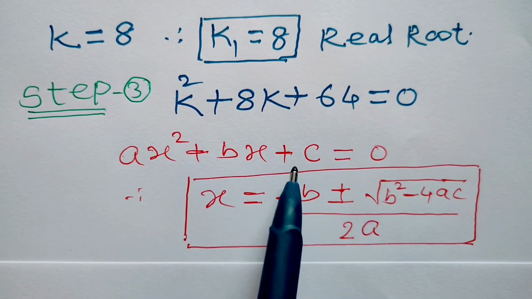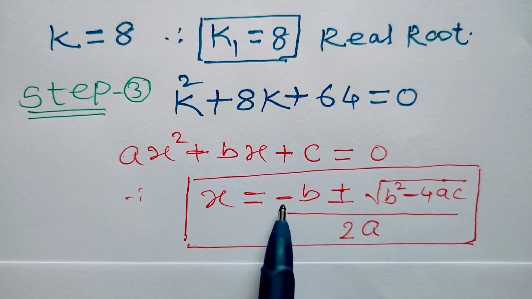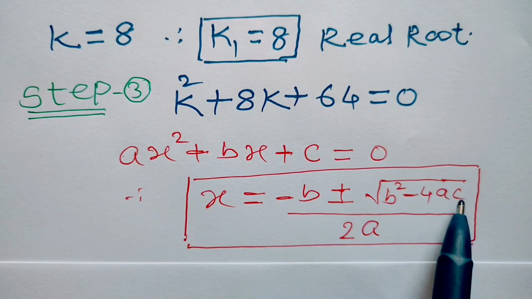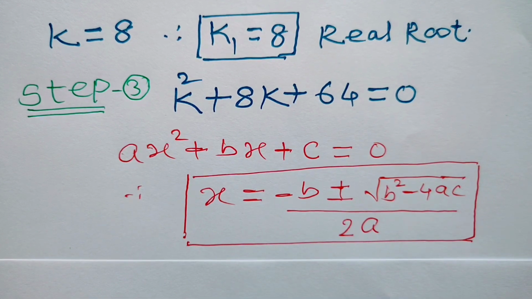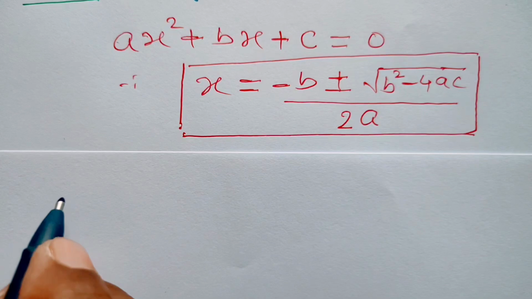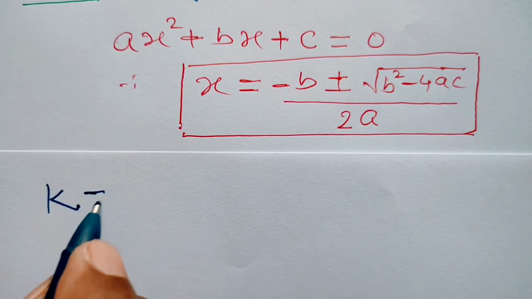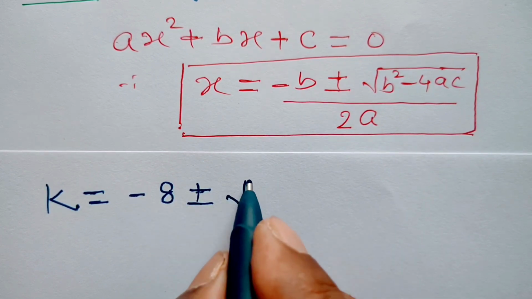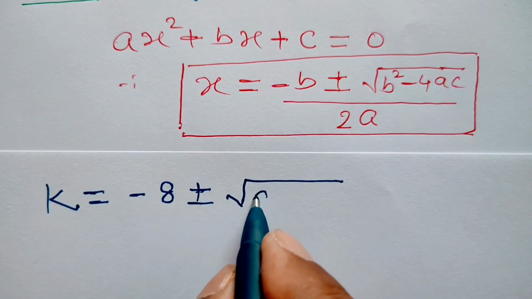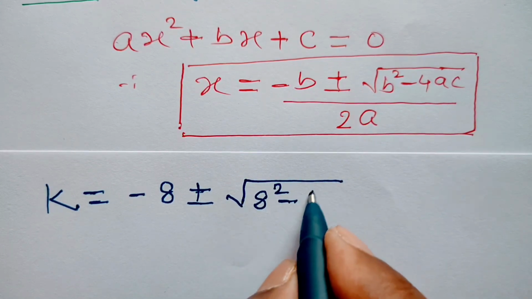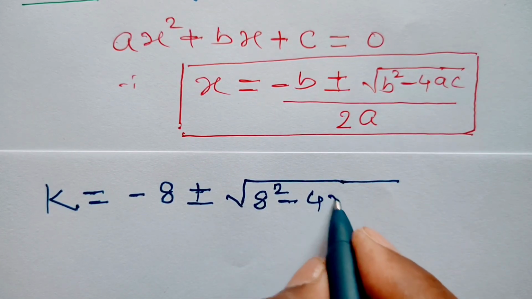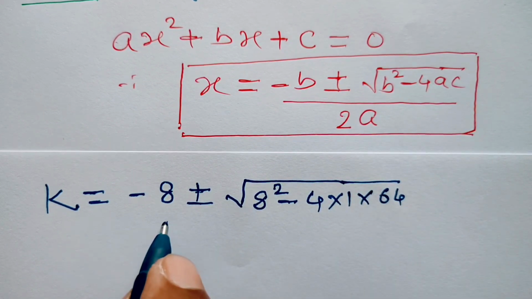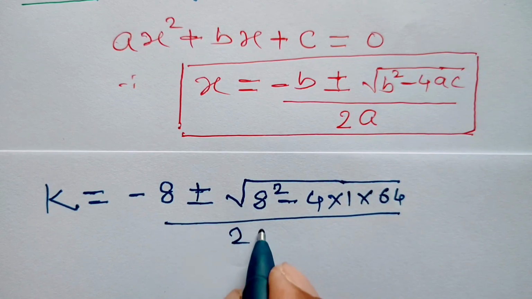Then solution of this equation is given by x is equal to minus b plus or minus square root of b square minus 4ac, whole divided by 2a. k is equal to minus 8 plus or minus square root of 8 square minus 4 times a is 1 and c is 64, divided by 2 into 1.